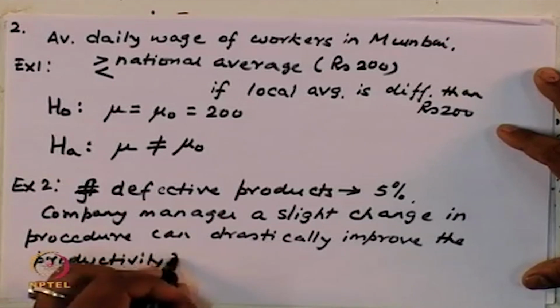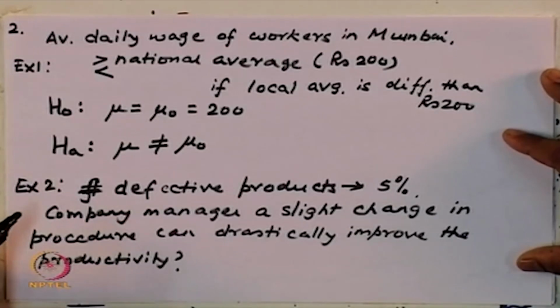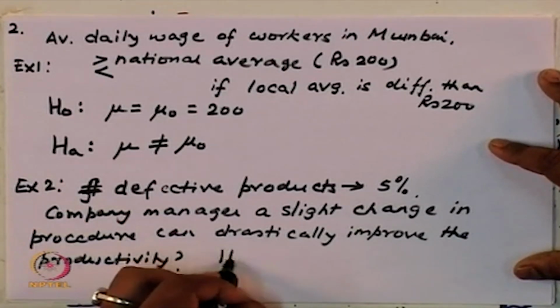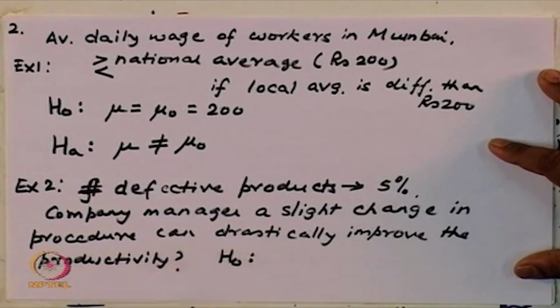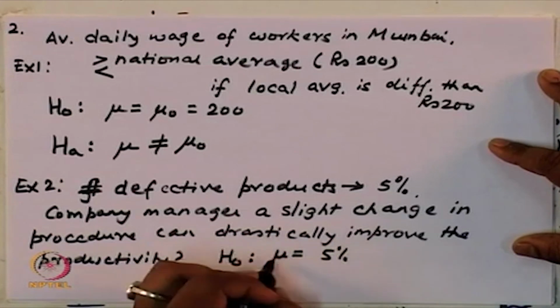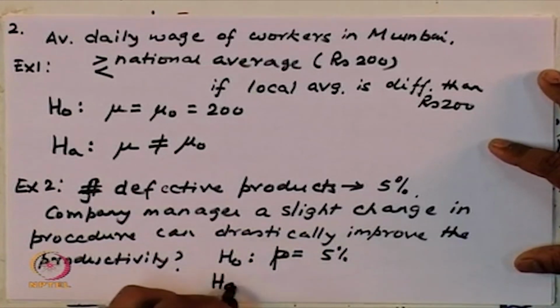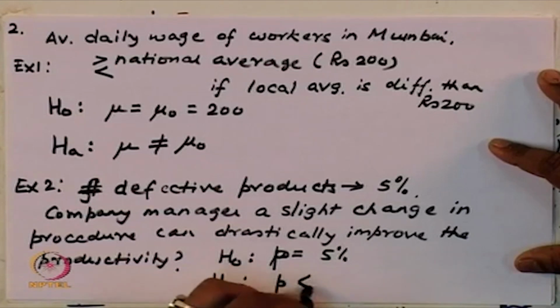By increasing productivity, I mean that the number of defective products produced will be significantly less. So, in this case, my H naught is mu is equal to 5%, or I can write P equal to 5%, and the alternate hypothesis is P is less than 5%.